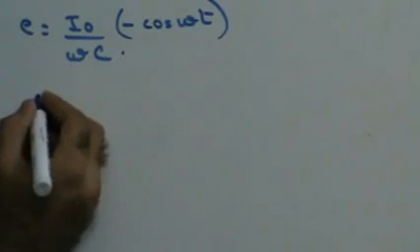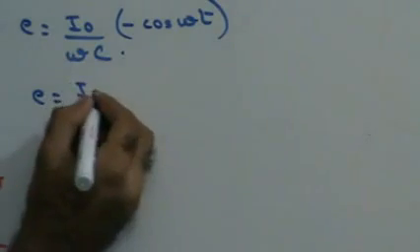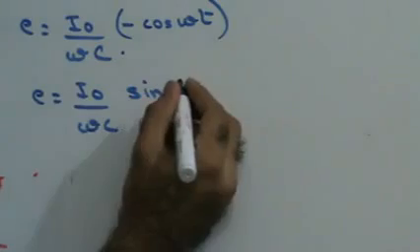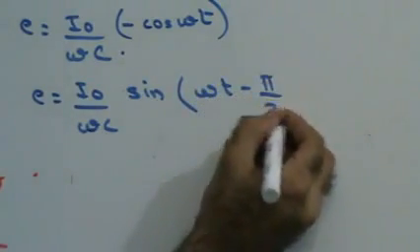Now this can be written as I0 upon omega C, sine omega t minus pi by 2.